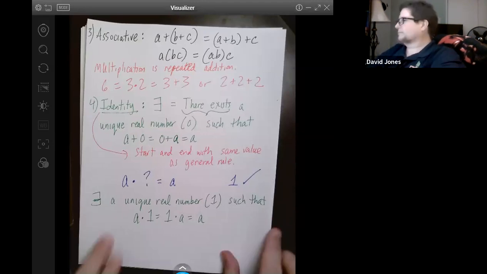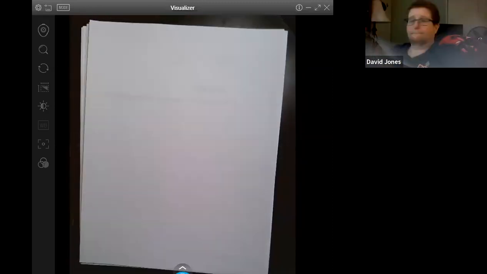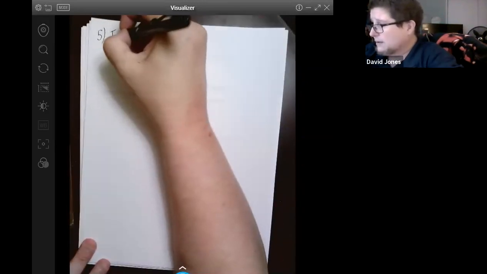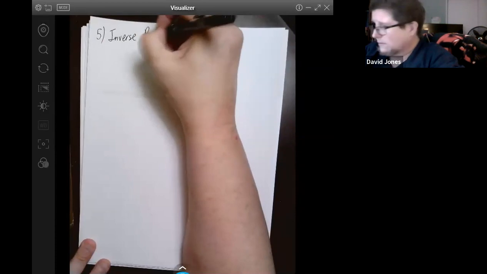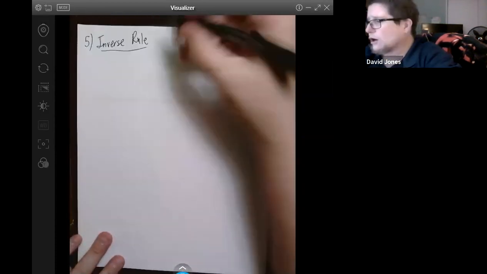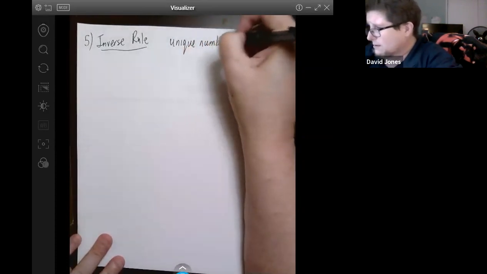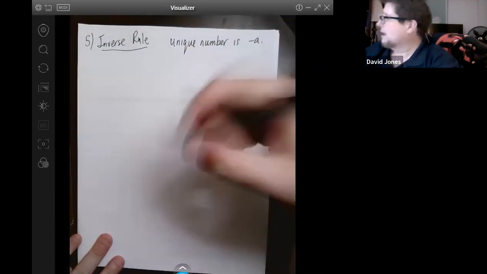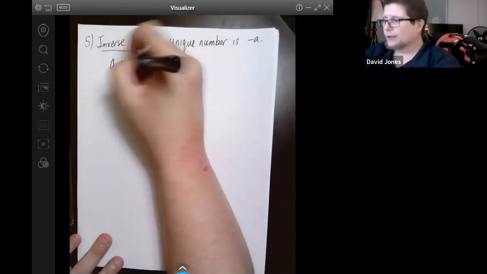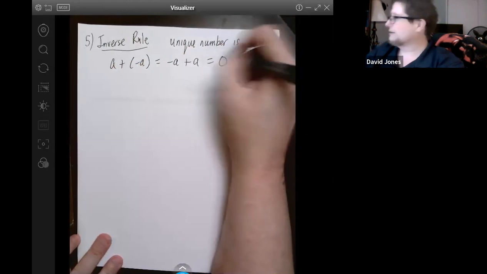All right. More rules. The inverse rule. And here our unique number is -A. There exists a unique number such that A plus -A equals -A plus A, which equals 0.